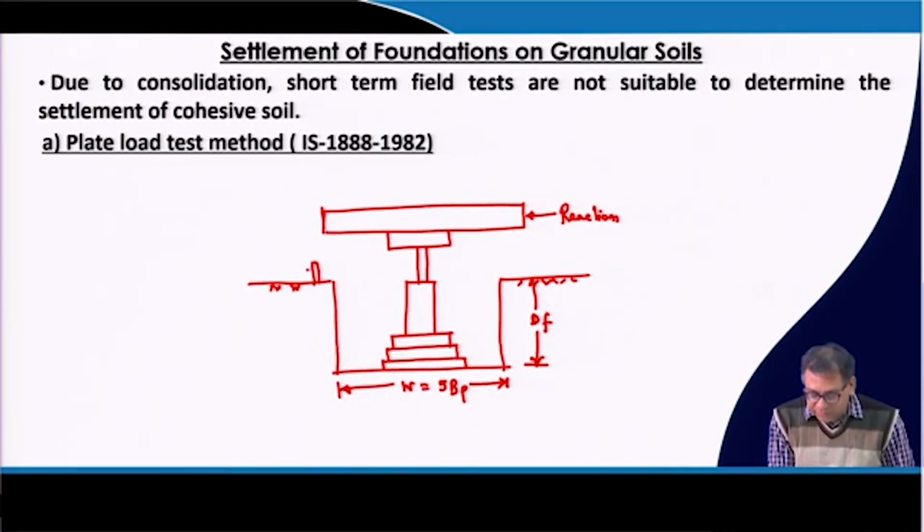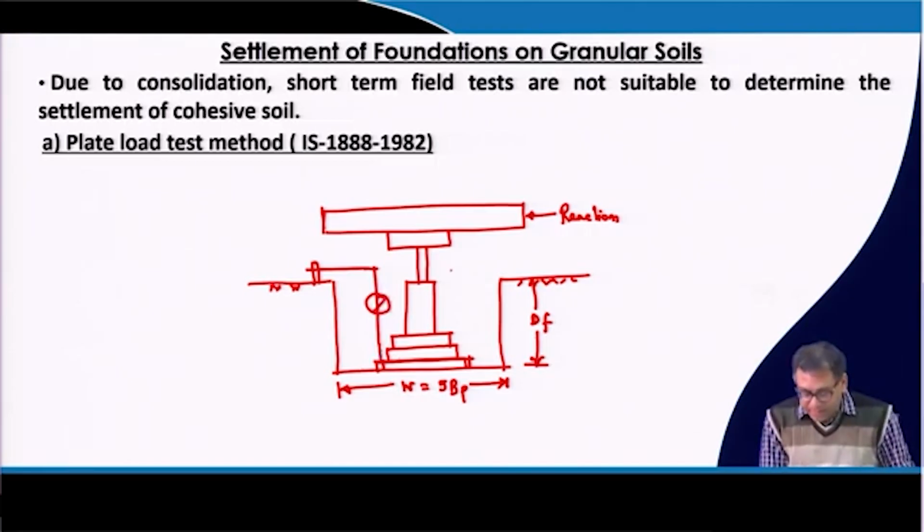Now, as I mentioned, we have to use the dial gauge to measure the settlement of the plate. Okay. And this is the pressure gauge, which will give us the pressure reading, and this is the dial gauge, which will give us the settlement reading.